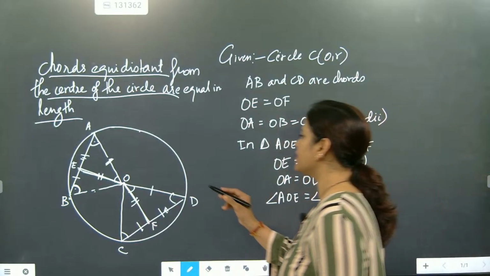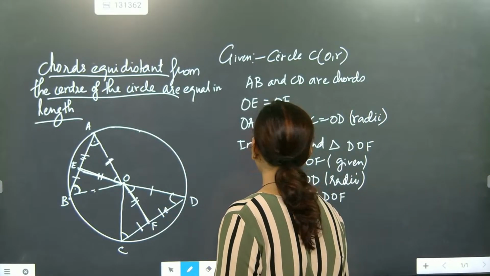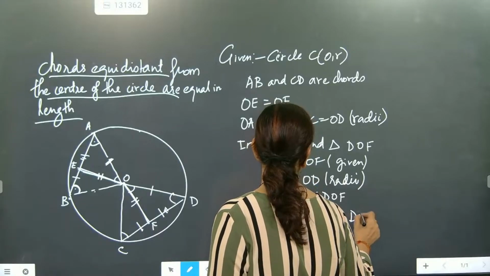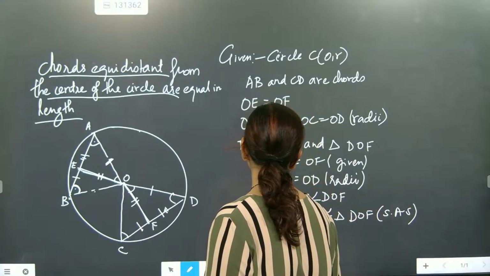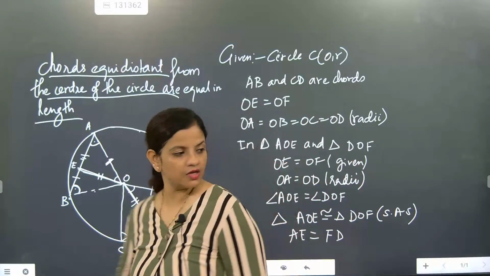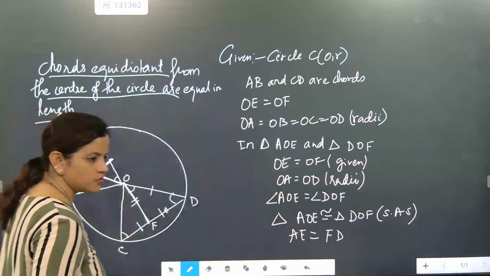So now side, angle, side, and triangle AOE is congruent to triangle DOF by side angle side. Then by CPCT, AE is equal to FD. Understood? AE is equal to FD. And already we know this side is equal to this side.